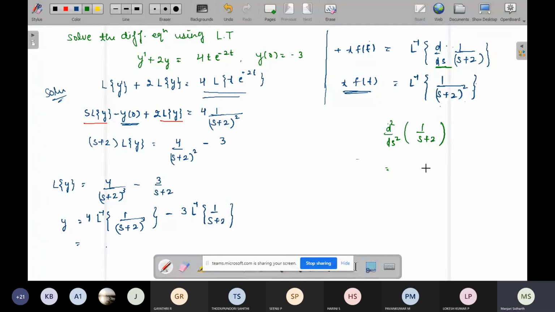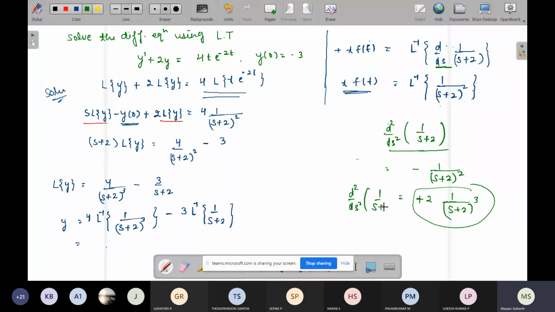So first time derivative is minus 1 over (s plus 2) square. Second time derivative is minus minus plus, 1 and even 2 and 1 over (s plus 2) whole cube. So this is d2 over ds square of this. That means in place of this, this is nothing but d2 over ds square of 1 over (s plus 2).